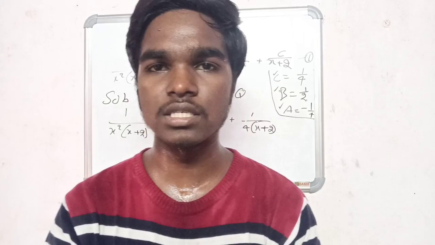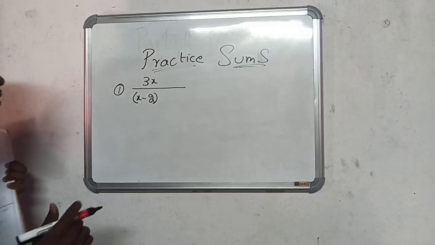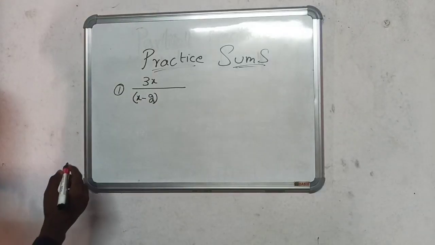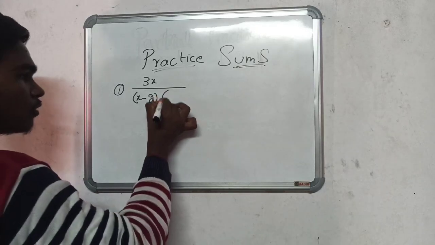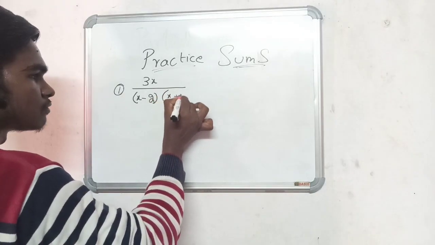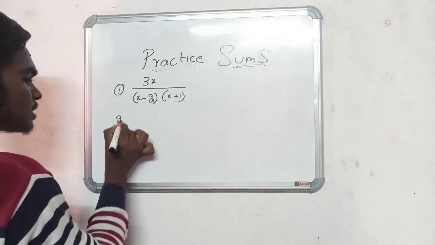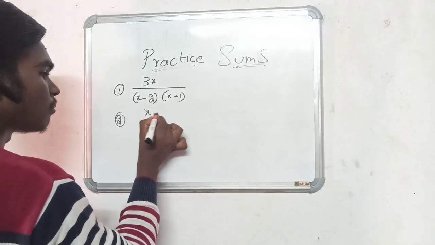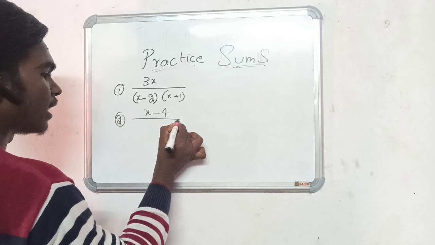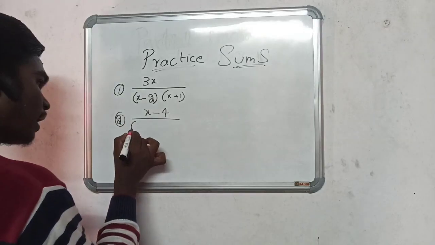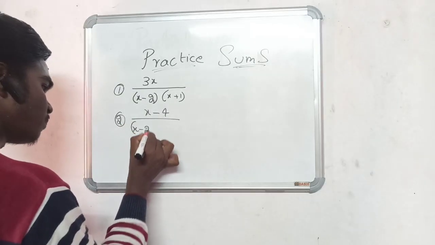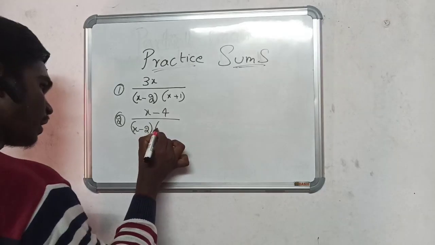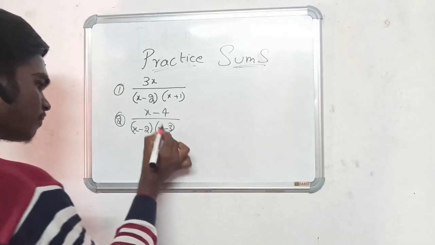Now I will give the 4 sums as your work. First sum: 3x by x minus 2 into x plus 1. Second sum: x minus 4 by x minus 2 into x minus 3.